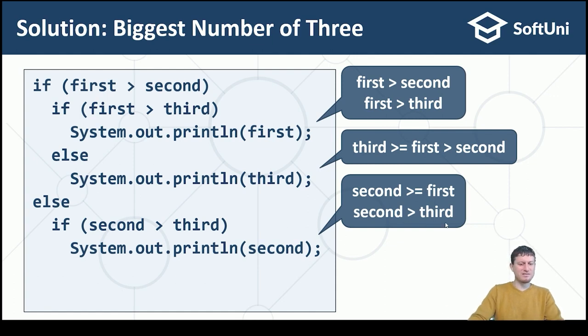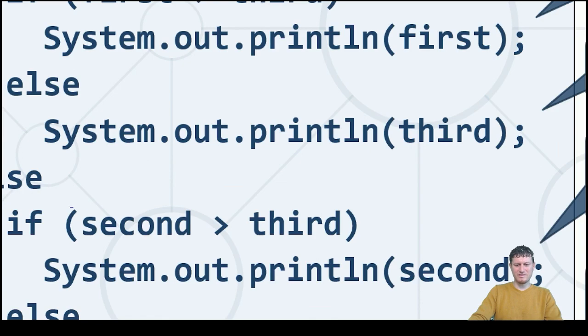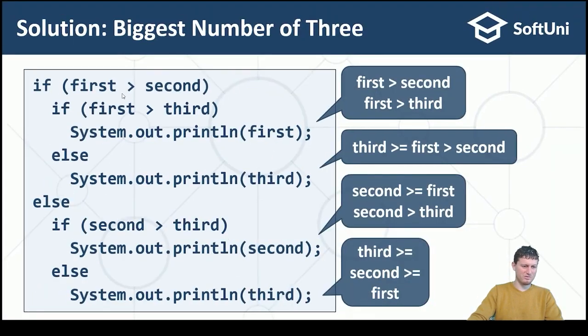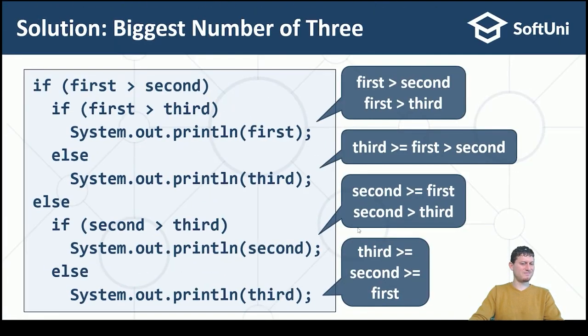And otherwise, the third is bigger than the second, because this is not true. And at the same time, the third is bigger than the first, because this is not true. So third is the biggest. This is exactly the solution I had, but I didn't name my variables num1, num2, num3, but first, second, third. It's the same solution.